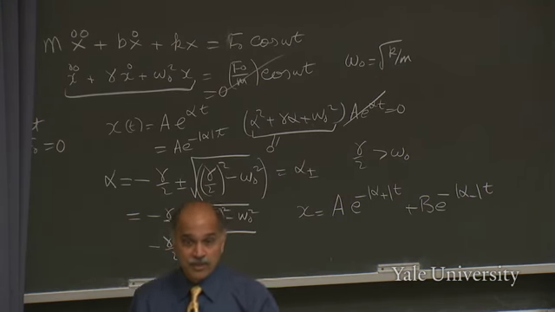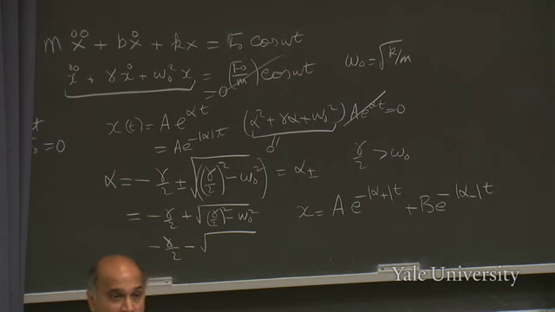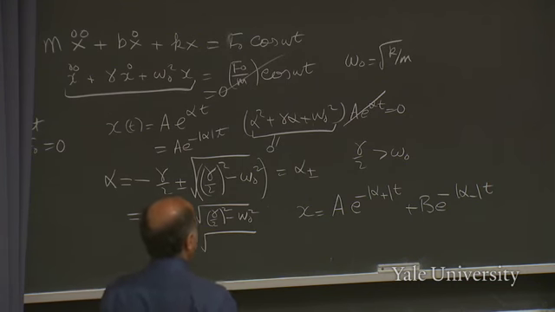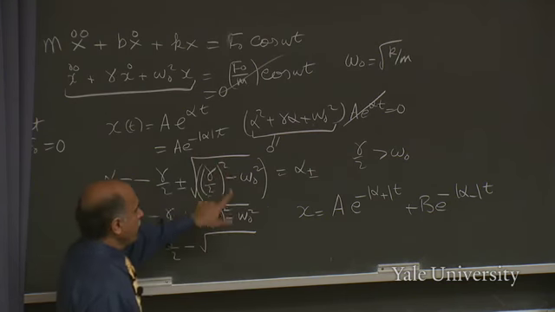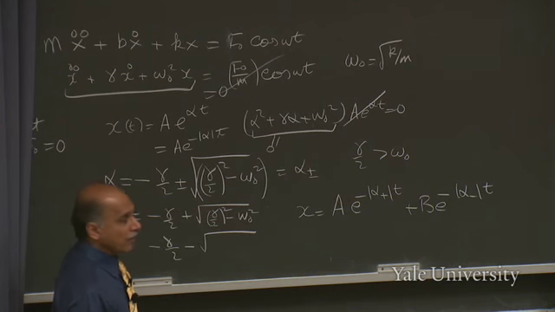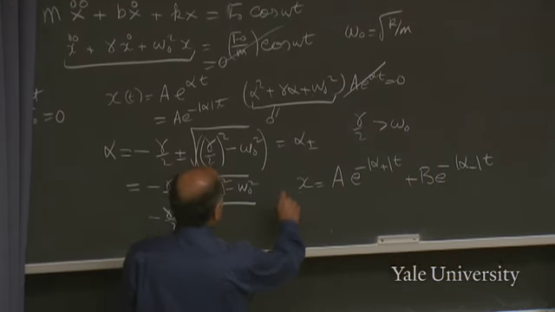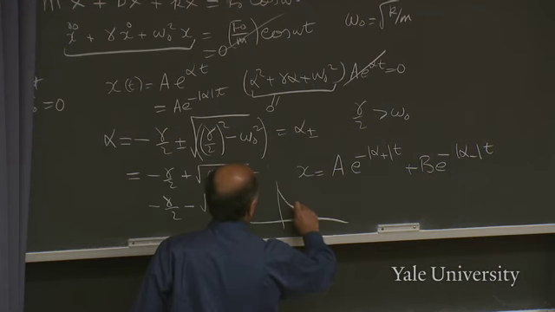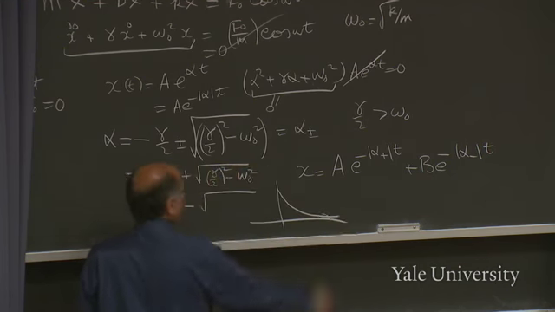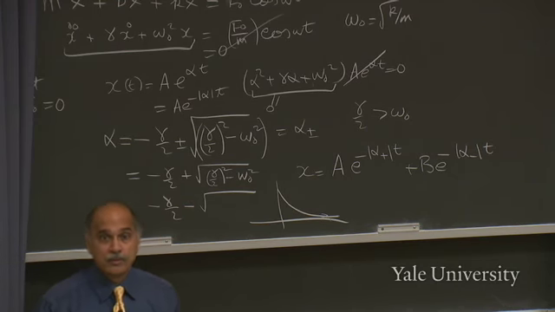You understand, if a number is negative, like negative 5, that can be written as minus 1 times the absolute value of the number. So it is e to the alpha t, but I want to write it in this form. So it's falling. So this is a case where if you pull the mass and you let it go, it will just relax, eventually coming to x equal to 0, which is its normal location, its equilibrium location.